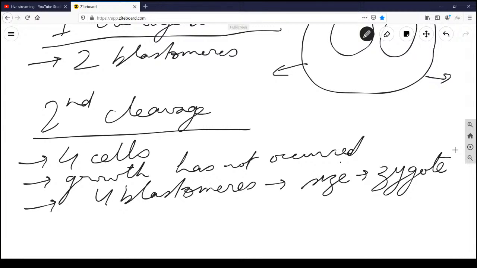Third cleavage division: again, the embryo has 8 cells now, and still growth has not occurred.